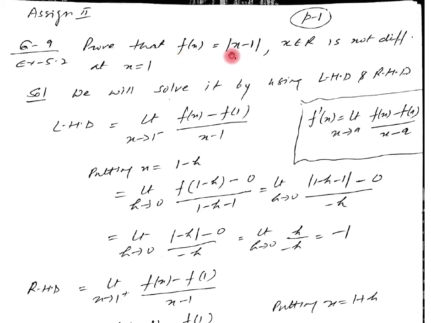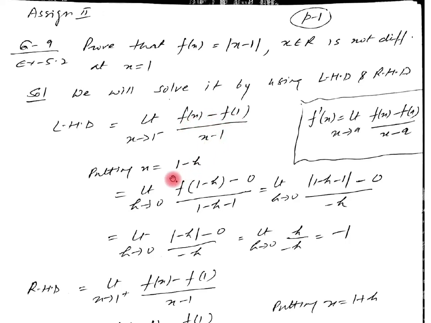Now f(x) equal to modulus of x minus 1, and we have to find the derivative at x equal to 1. Firstly we will find the left hand derivative. As in the case of the limit of a function we find the left hand limit, same here in the case of differentiation we should find the left hand derivative, which is limit x tends to 1 minus, (f(x) minus f(1)) upon (x minus 1).